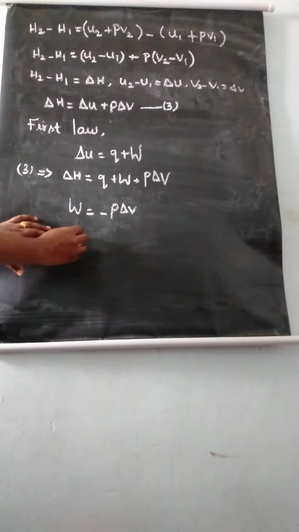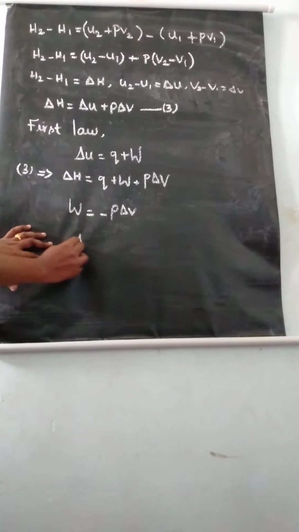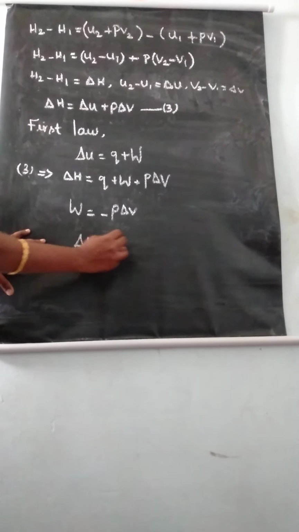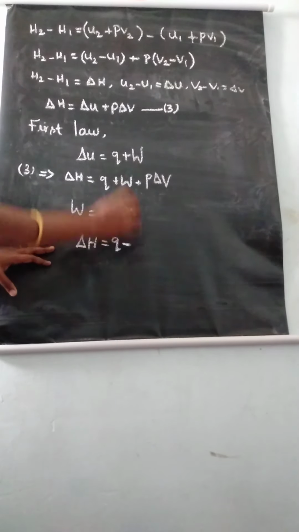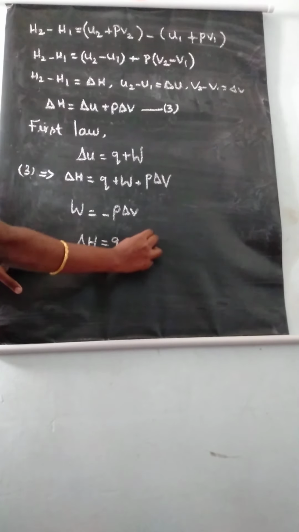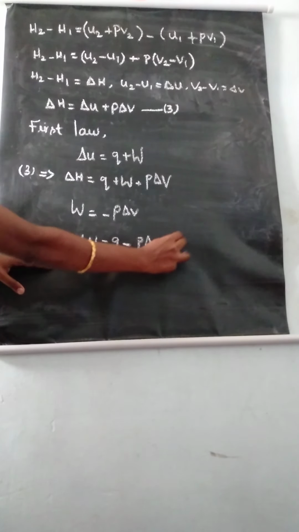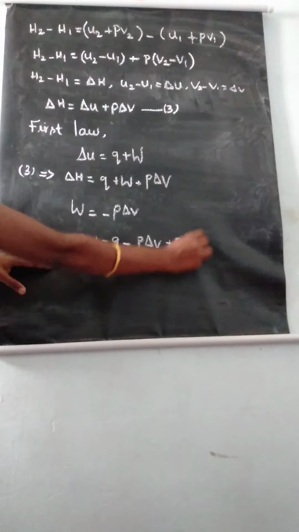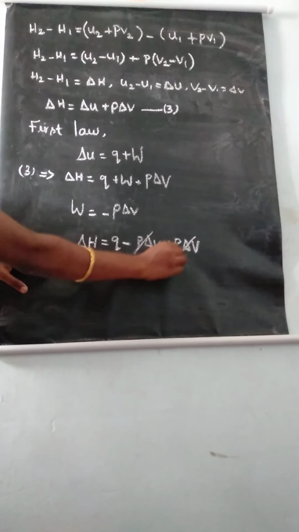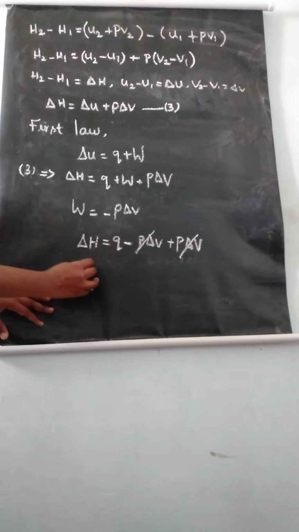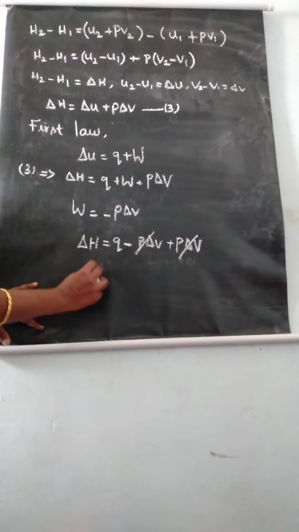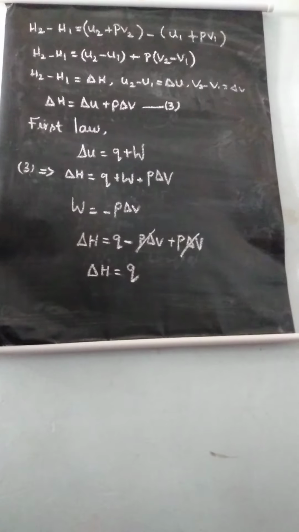Delta H is equal to Q minus P delta V plus P delta V. Cancel the minus P delta V and plus P delta V. So you got the answer: delta H is equal to Q.